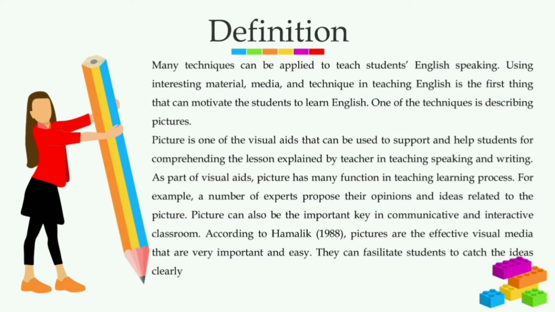Picture can also be the important key in a communicative and interactive classroom. According to Hamalik, pictures are effective visual media that are very important and easy. They can facilitate students to catch the ideas clearly.